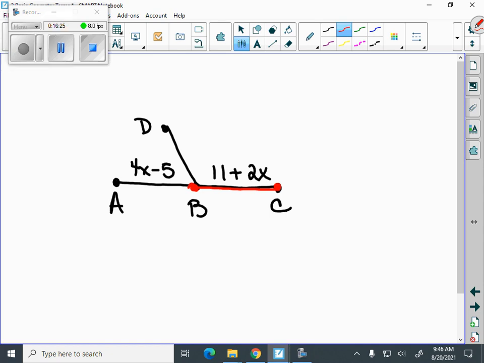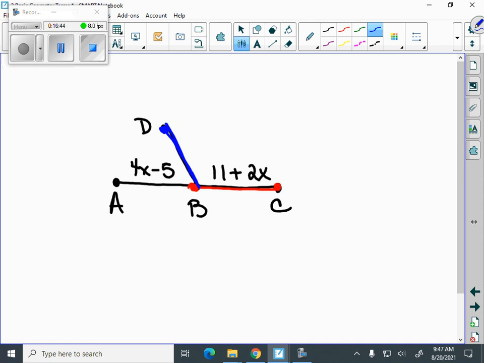And we didn't really talk about segment bisector, but bisect means cuts in half. So what we're saying here is that what I'm going to draw in blue here, and it's not very straight, I'm super sorry.